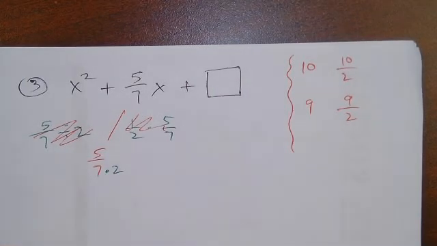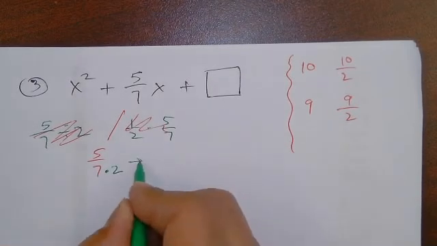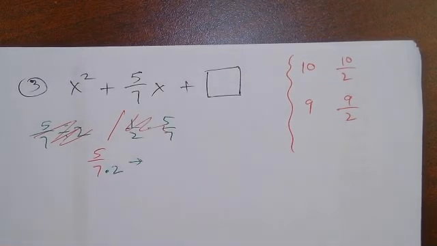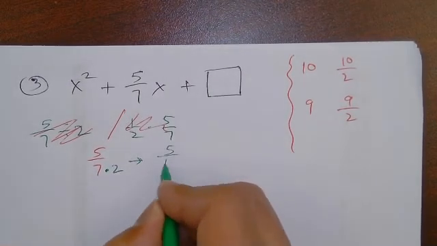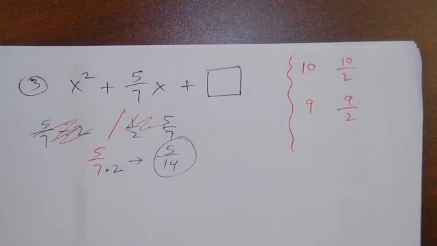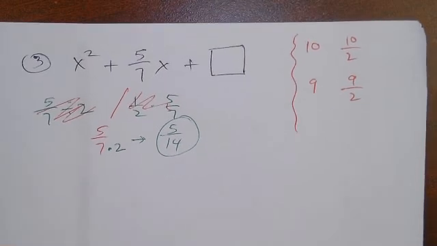So that's 5/7, and the 2 multiplies to the bottom. All of you did that. That was the hardest part. The 3 of you that came up did that. Can you tell me what this new fraction is? 5/14. Correct.